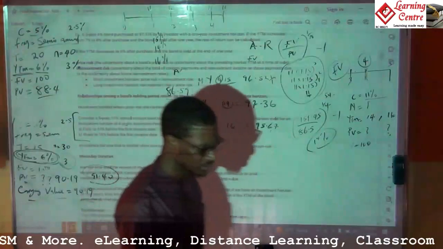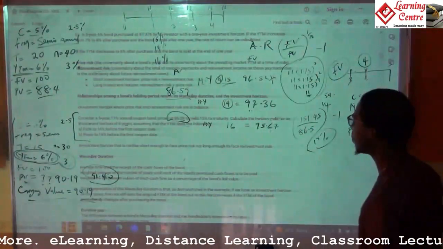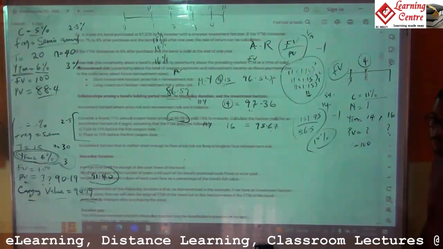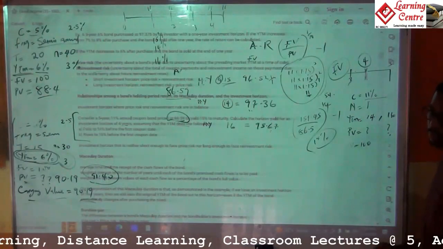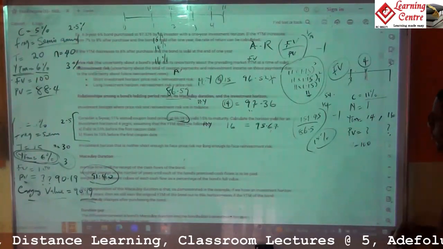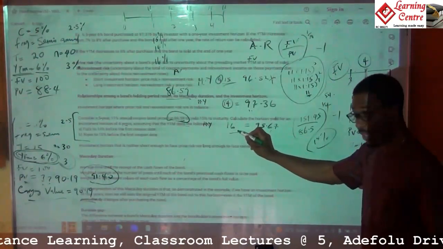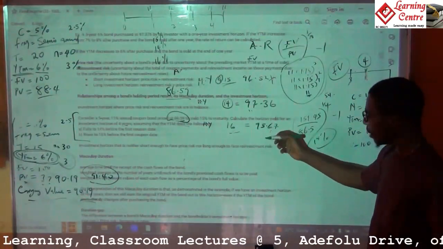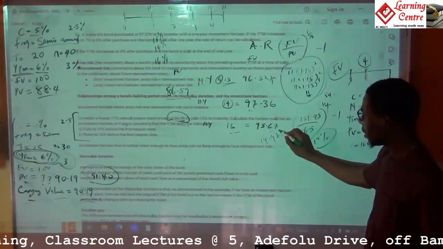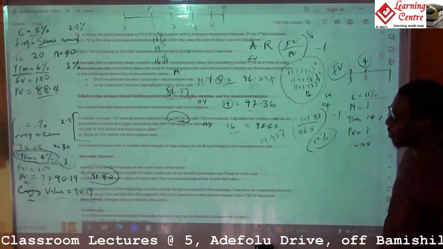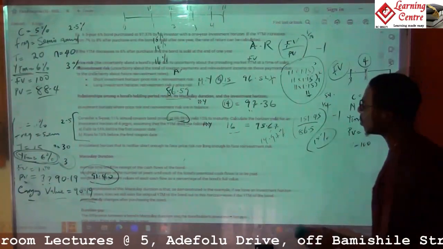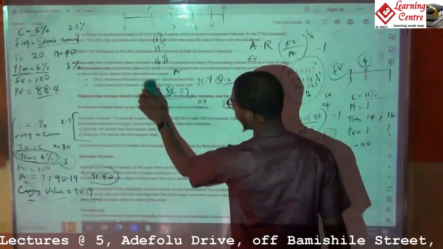This example is the extension of this, which is 14.97. Exactly, 14.97, which is lower than the 15 that you are expecting when you buy the bond.